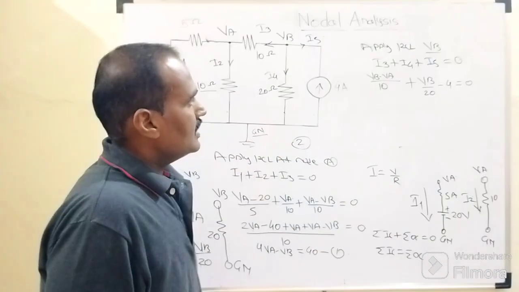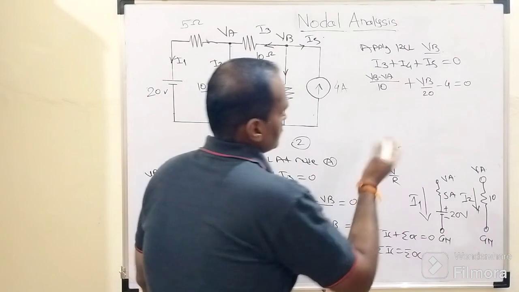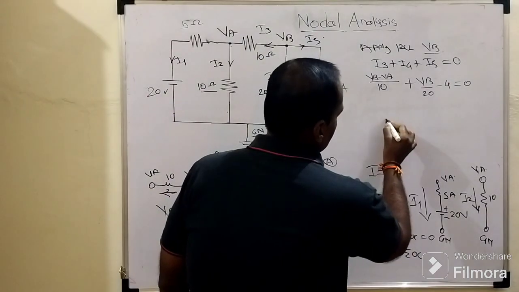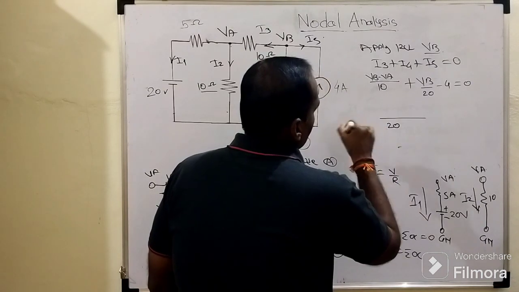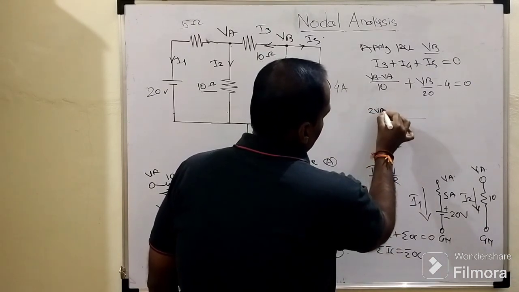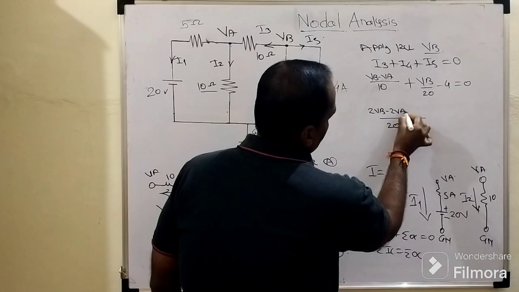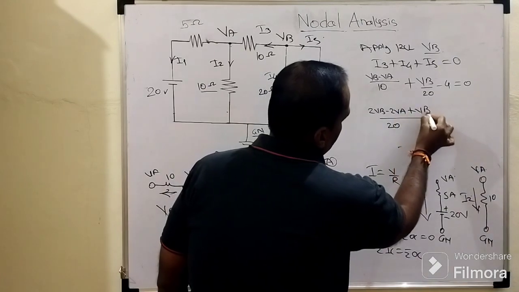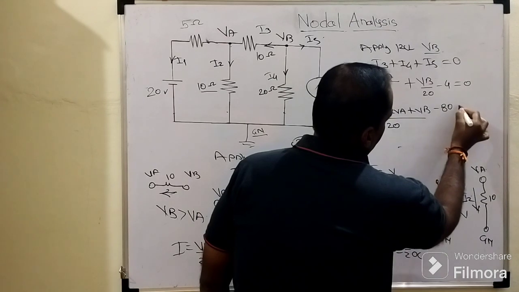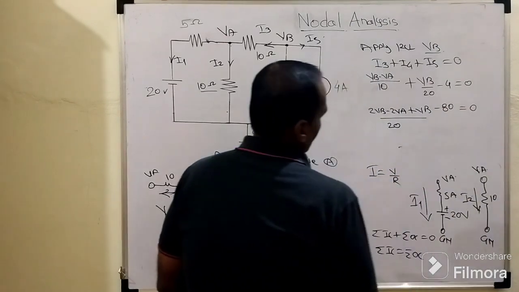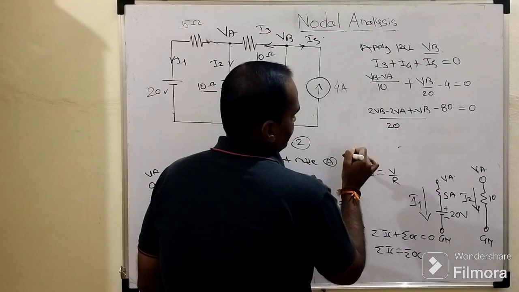So one more time, again we need to solve this equation. The terms which can be divided, suppose 20, the LCM will be 20. So it will become 2VB minus 2VA plus VB minus 24 is 80 equals to 0, right?